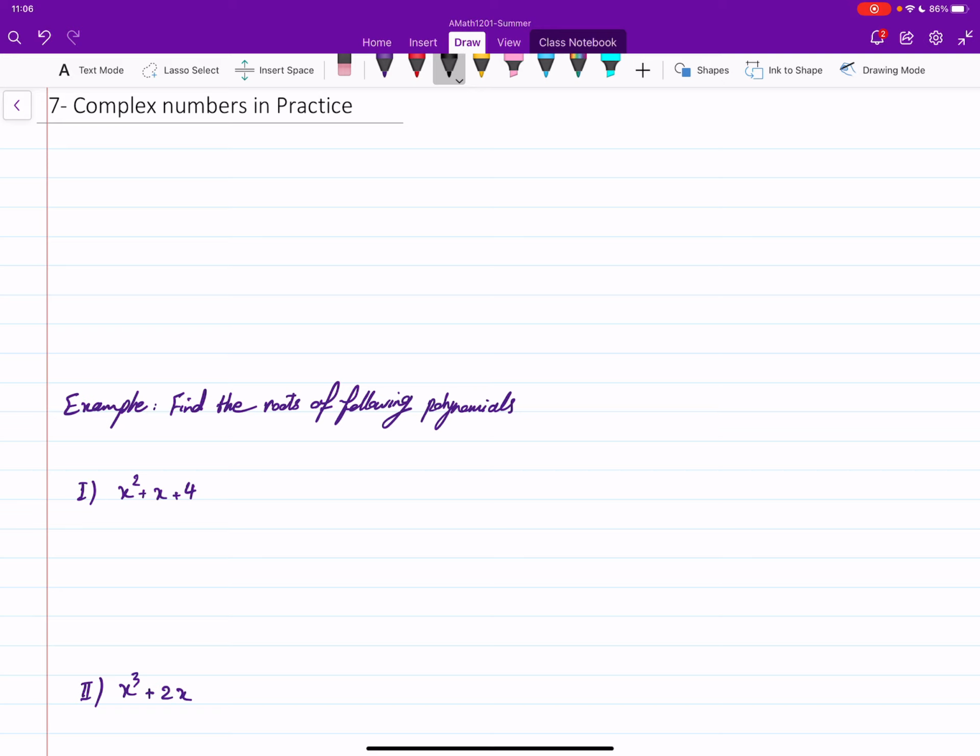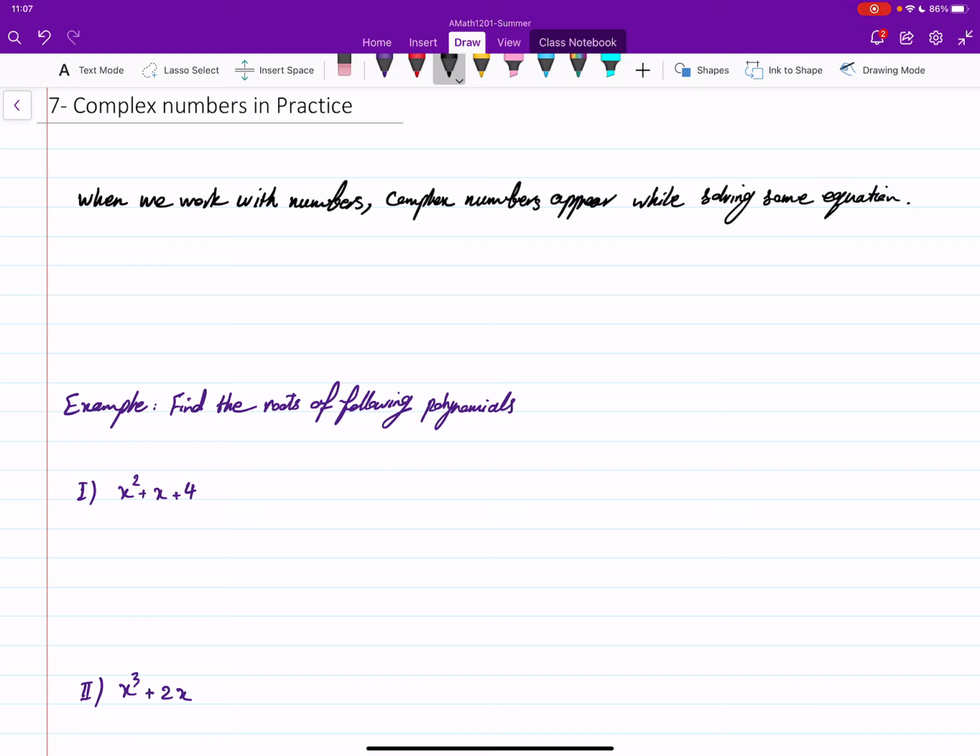There is this very general rule that when you're working with real numbers, there is one big case where complex numbers appear: when we are trying to solve some equation.